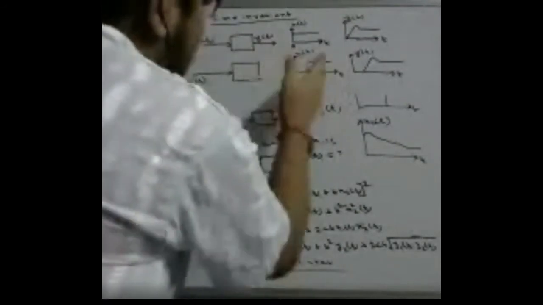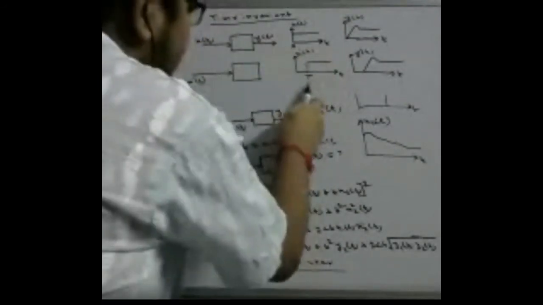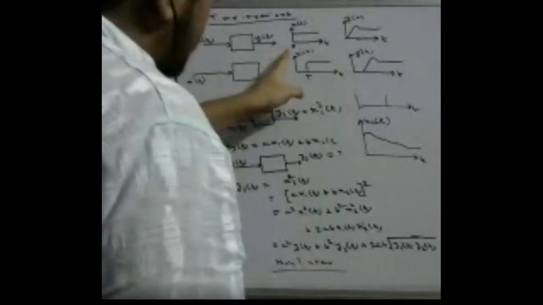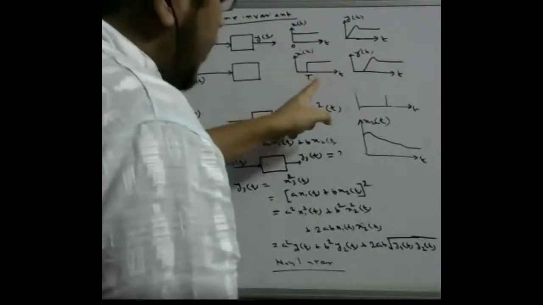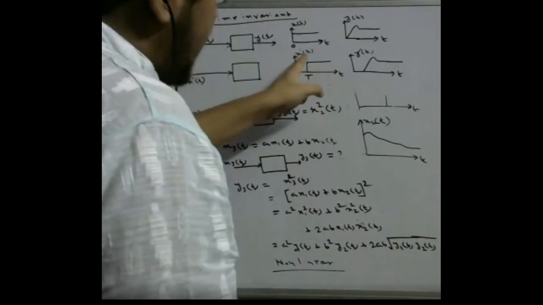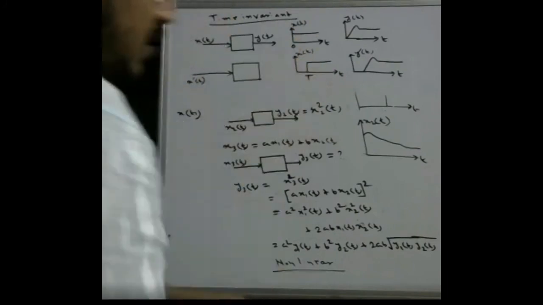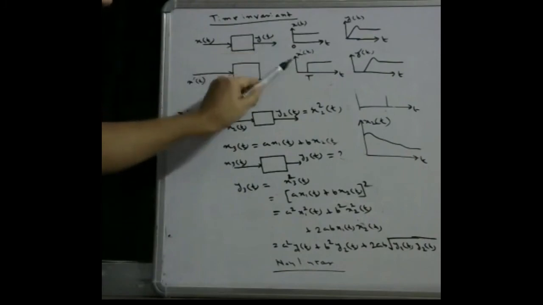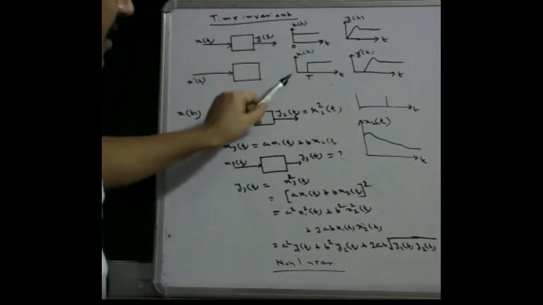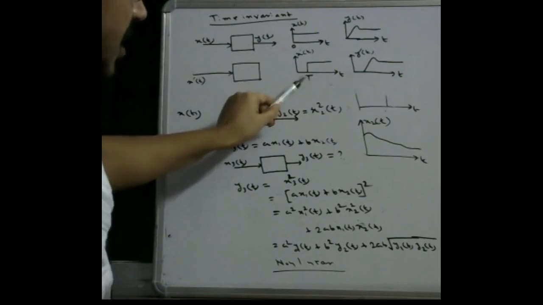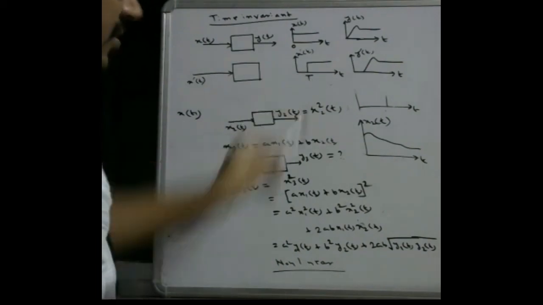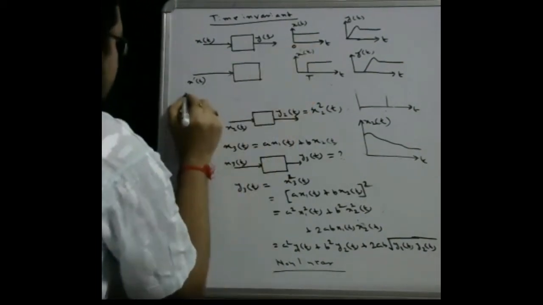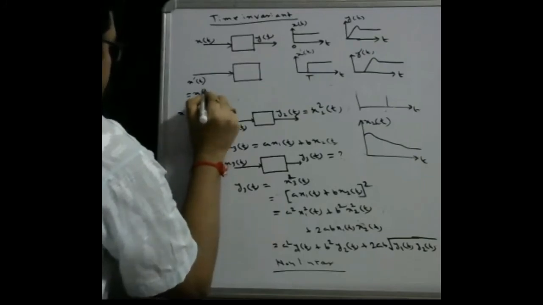You can see there is a right shift by the amount T. Starting from origin 0, we have a right shift of T for x dash t. Comparing these two signals, x dash t is a right shifted version of x(t), and the amount of shifting is T. So the expression of x dash t will be x(t minus T).